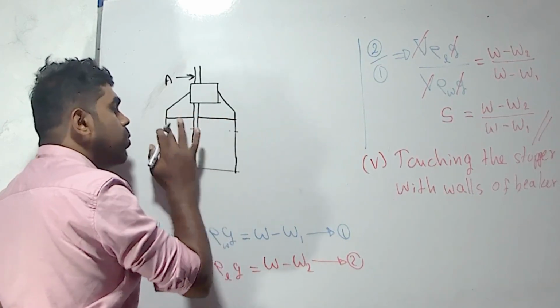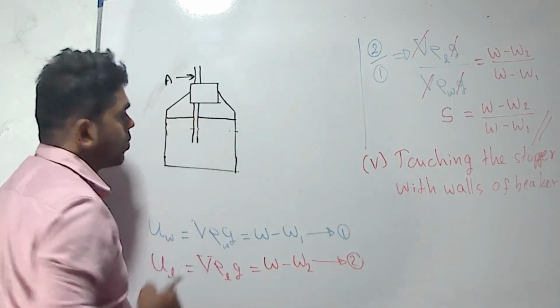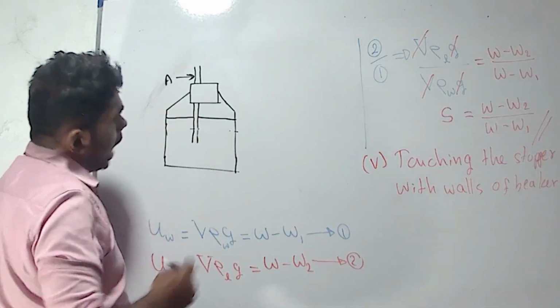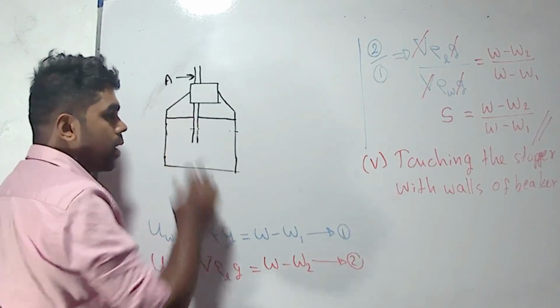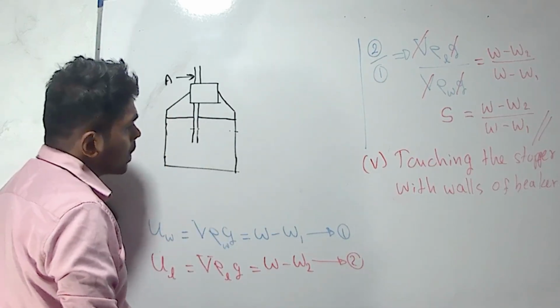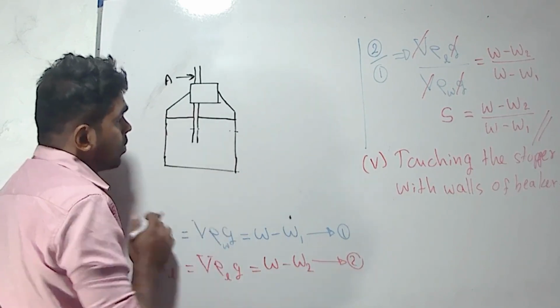This tube A is used to maintain the atmospheric pressure in the container.